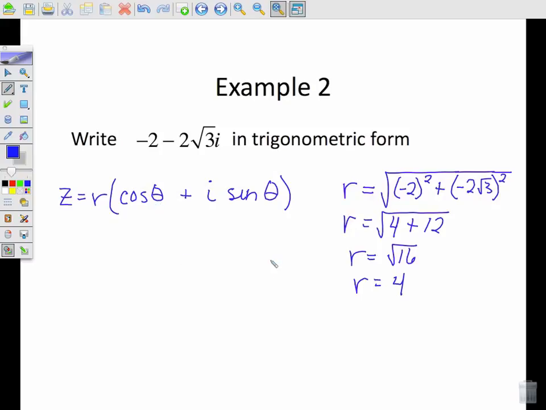Now we need to find our theta. Let's find theta. So theta would be the inverse tangent of b over a, and b is -2 roots of 3 over a, which is -2.